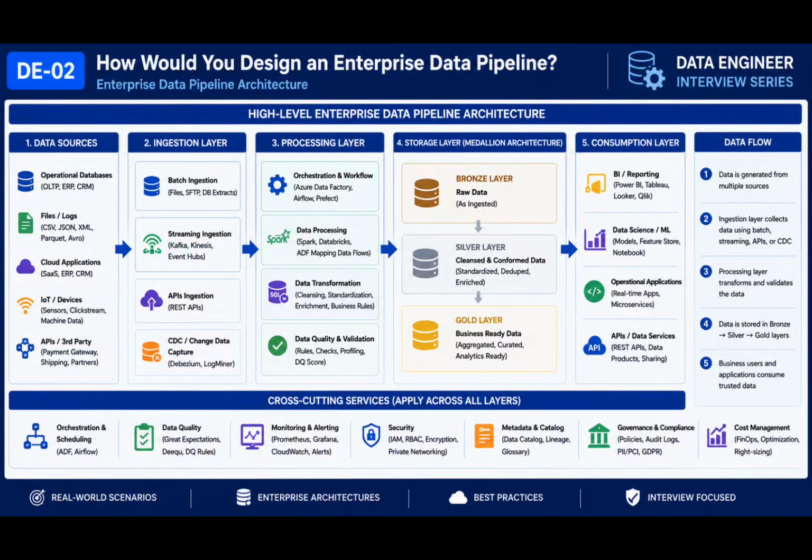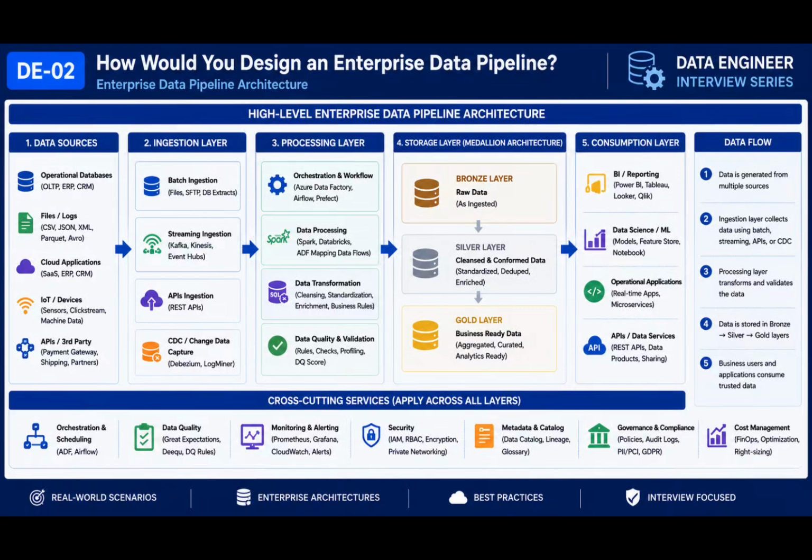The processed data is stored in a medallion architecture. Here, the bronze layer is the raw data. The silver layer is cleaned and standardized data. The gold layer is business ready and curated data.